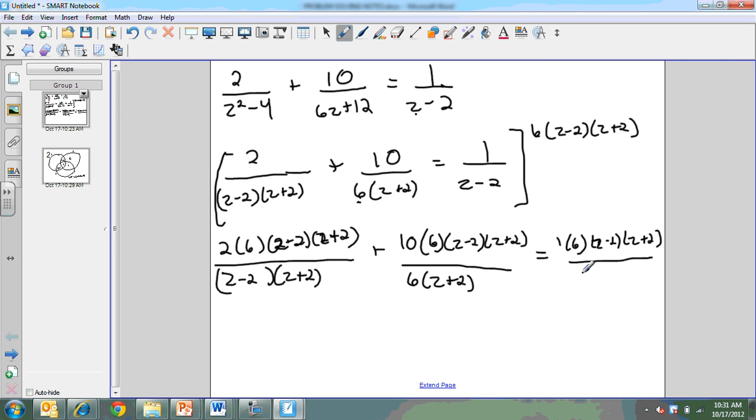Okay, and this is all over z minus 2. So at this point now, we can start simplifying and canceling things out.